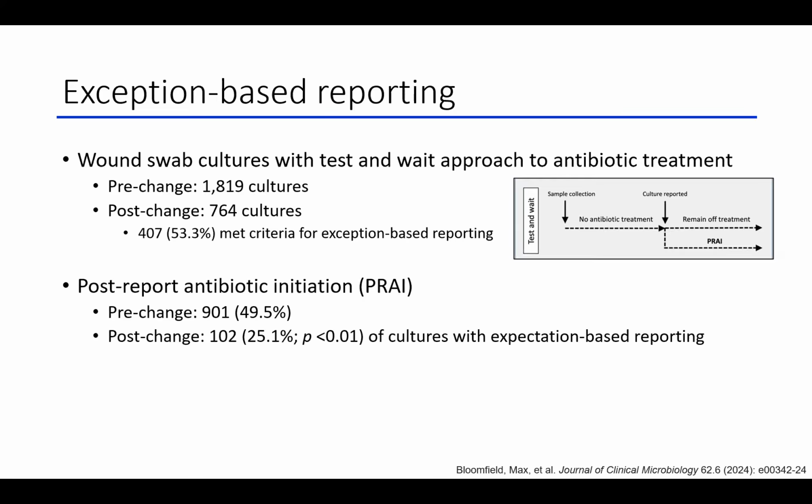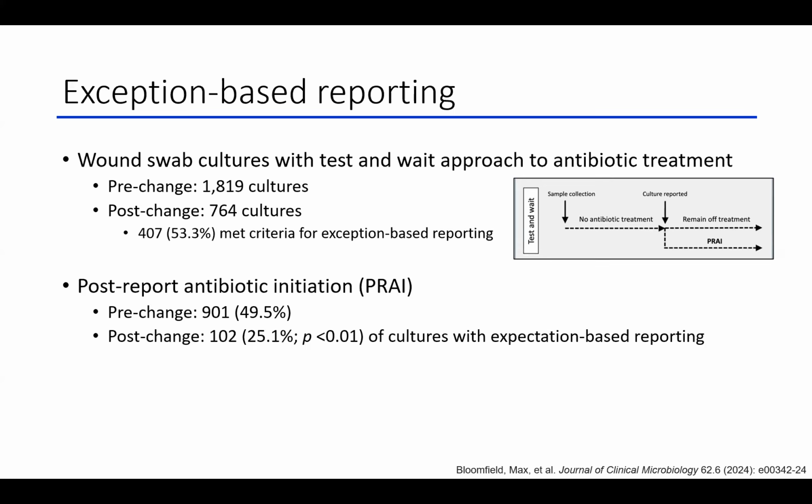And what they found is using the same test and weight, looking back on patients who were not prescribed empiric antimicrobial treatment, when the culture report was released before the change, about 50% of the patients with these wound swabs received antibiotics, and post-change, it was about a quarter.